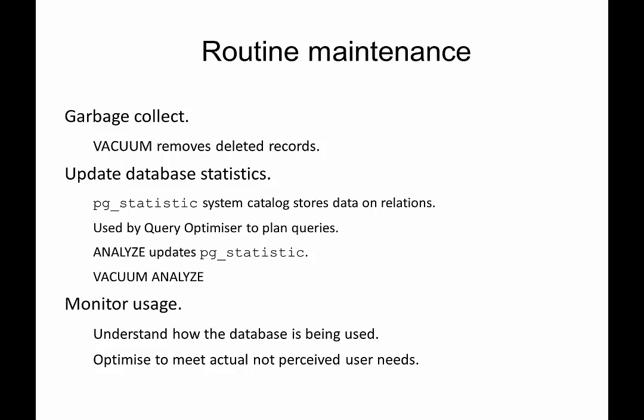Also monitor usage. As a database administrator, you should understand if you've got a problem. As a general principle, you should monitor usage, but when you start to get a problem, you need to understand how the database is being used, who's using it, when, under what kind of conditions, to do what kind of queries.